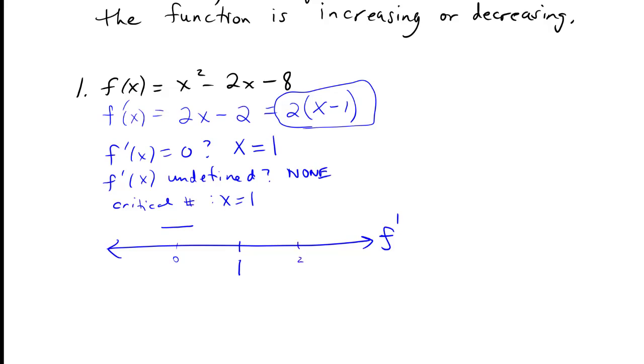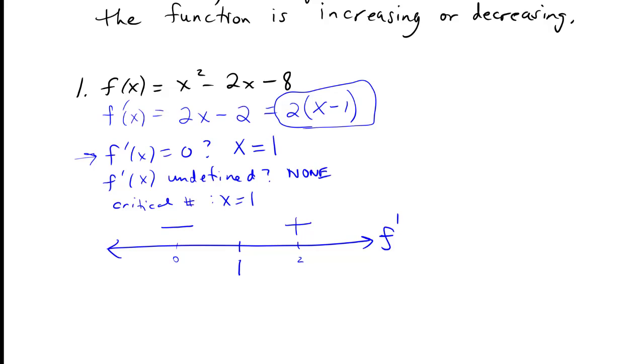If I go above and take maybe 2 and plug in a 2, then if I plug it into 2 times x minus 1, I'm going to get a positive number. So this is showing me that the derivative is negative when you're less than 1 and positive when you're bigger than 1. And we already know from what we did before that it's 0 at 1.